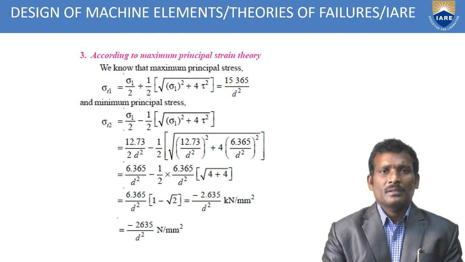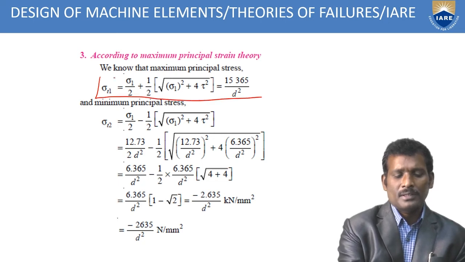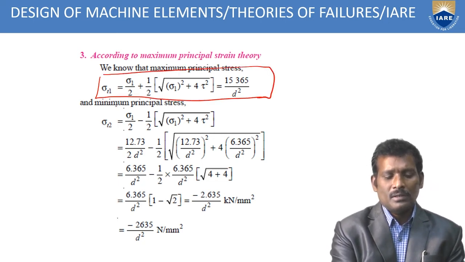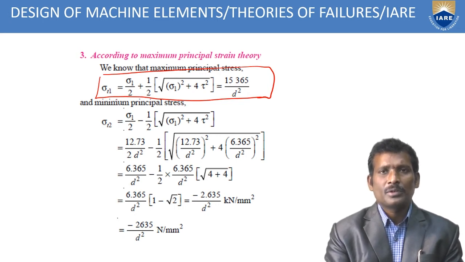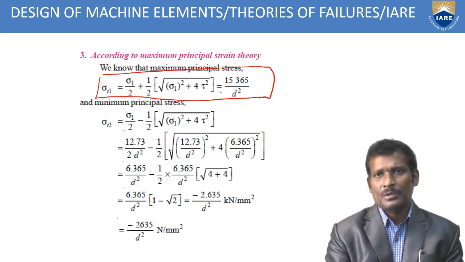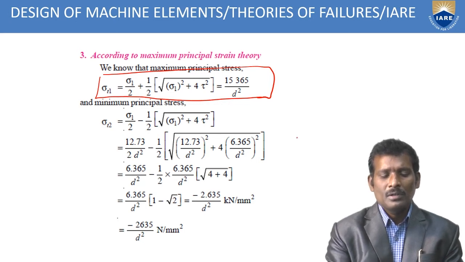So next theory, according to maximum principal strain theory. So apply the maximum principal strain theory equation. Sigma T is equal to sigma 1 by 2 plus half of square root of sigma 1 square plus 4 tau square. So here also sigma 2 is 0.